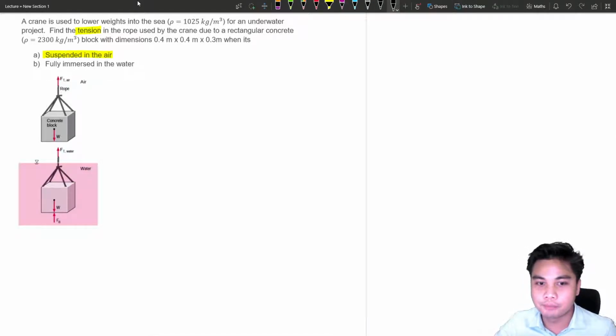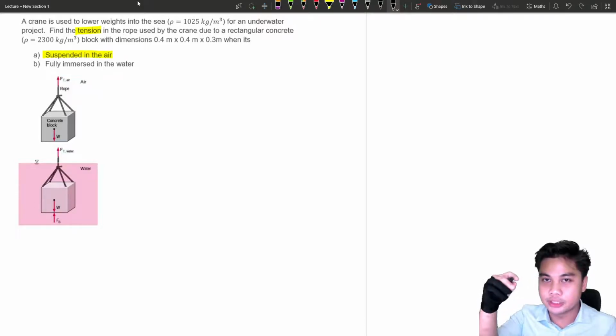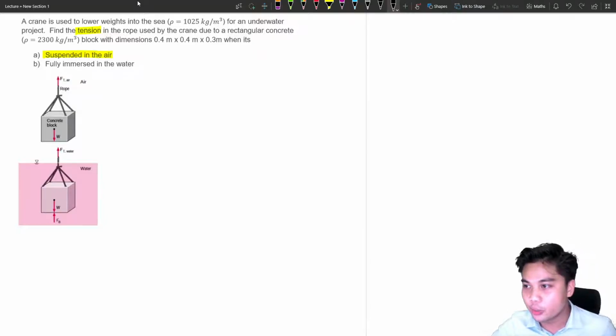Once this is under equilibrium, there is no motion of the crane, and we consider this under an equilibrium state, or static.